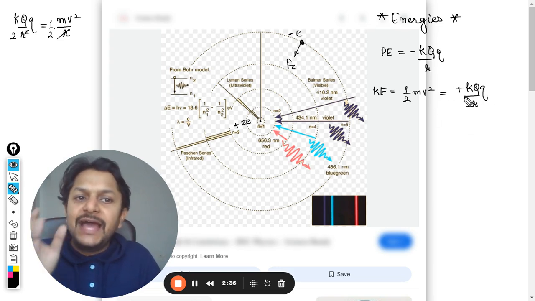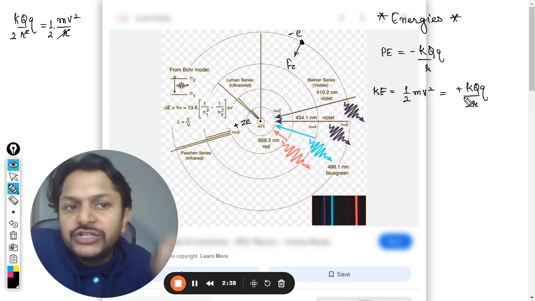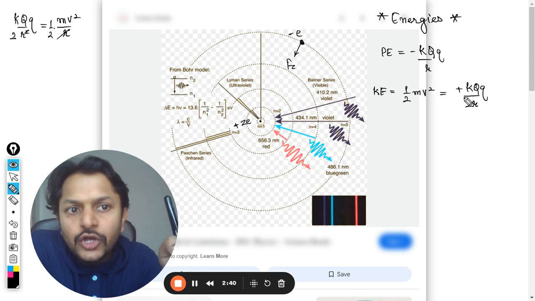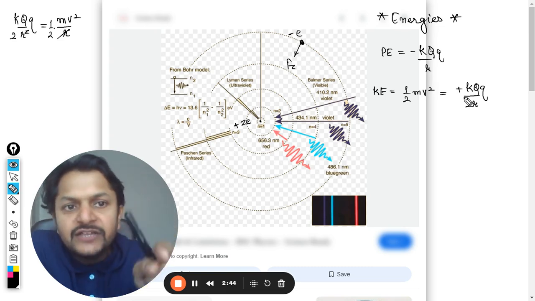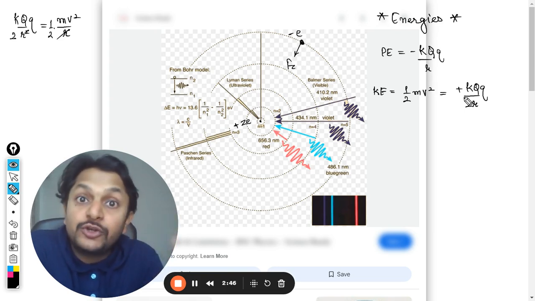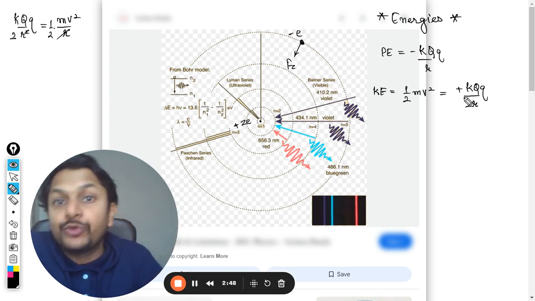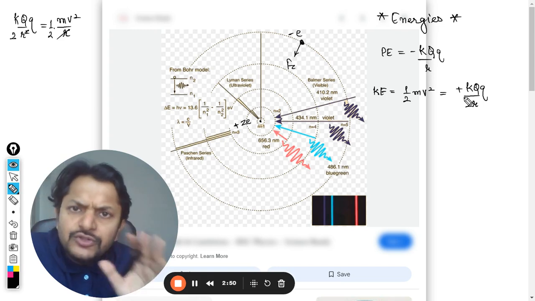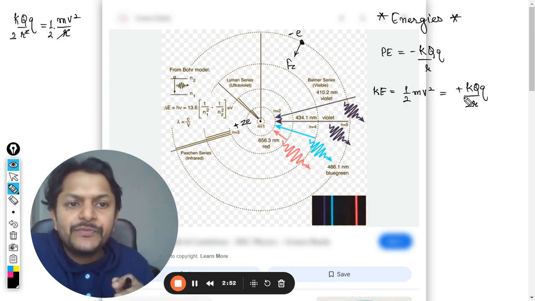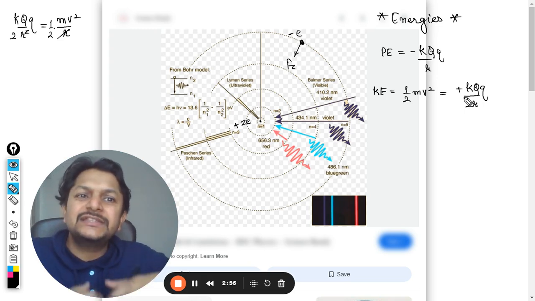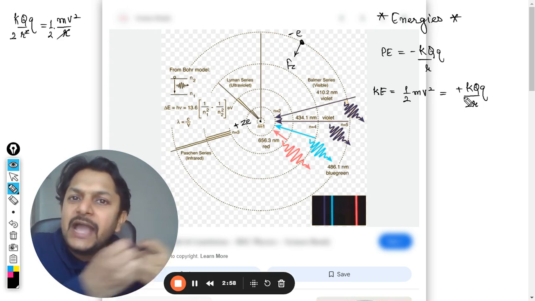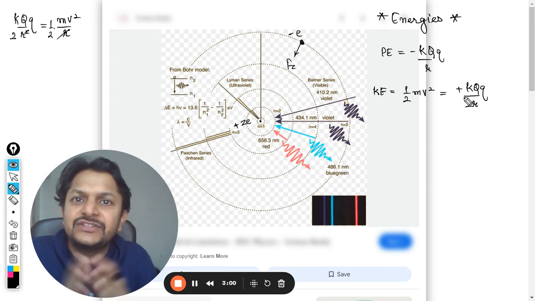Now, why is kinetic energy taken as positive, when I said that the potential energy is negative because the electron is negatively charged? Some students will have that doubt. Listen to this: kinetic energy is a scalar quantity, so it is never negative. Negative kinetic energy doesn't make any sense.